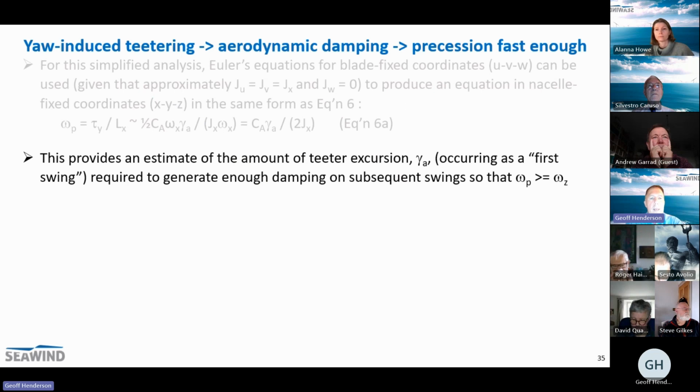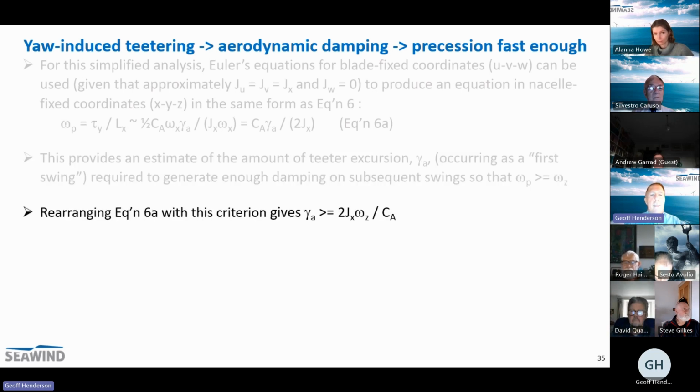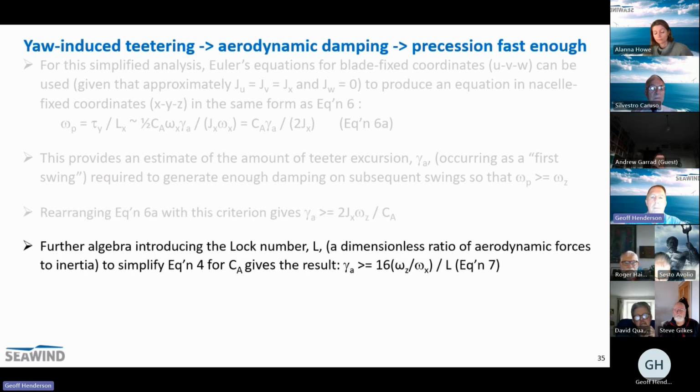So you can estimate the amount of teeter excursion required to generate enough damping on subsequent swings so that the rate of precession is greater than or equal to the yaw rate of the nacelle. Rearranging with that criterion gives this formula for the required amplitude of that first swing.